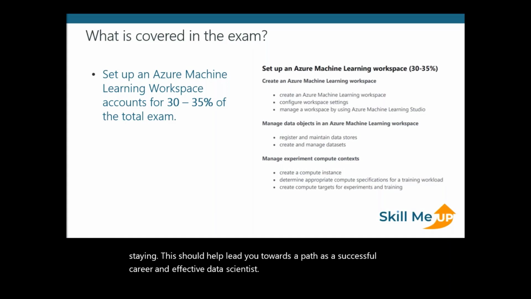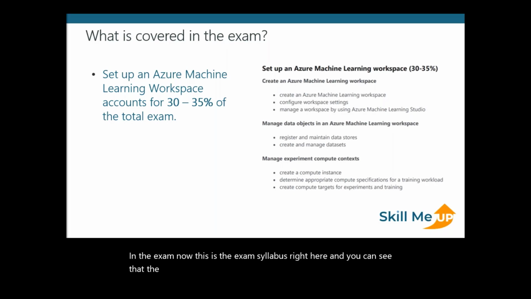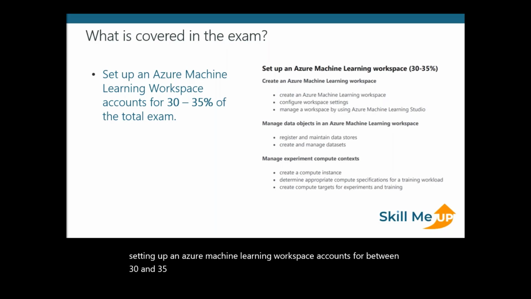Before we get started with the content, let's try and understand better what we would like to see in the exam. This is the exam syllabus right here, and you can see that the exam consists of a number of items. The content for setting up an Azure Machine Learning Workspace accounts for between 30 and 35% of the whole exam.